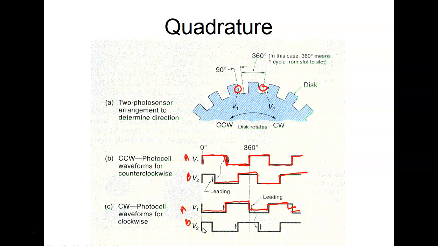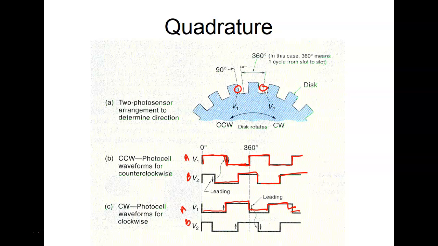So what we can do on these quadrature incremental encoders is we get two signals out. We can count one per position, or we can count two per position. If you had some way to count the rising edge on both of them, you get twice the resolution.